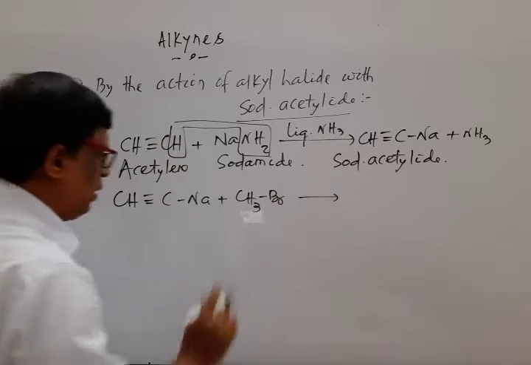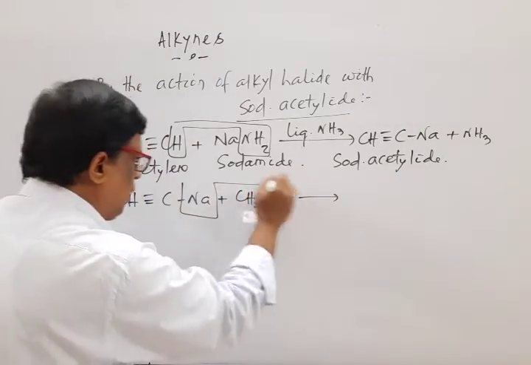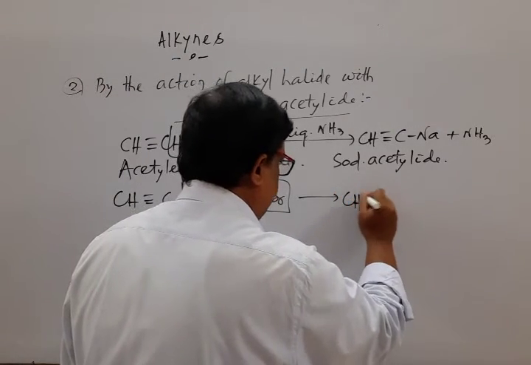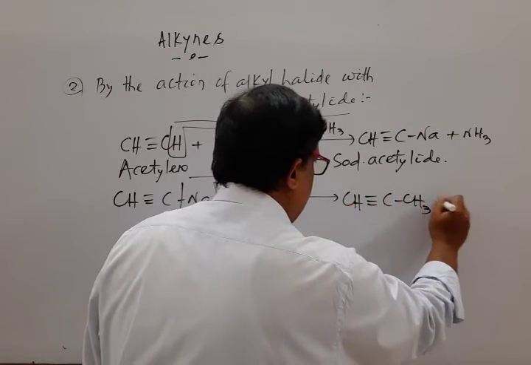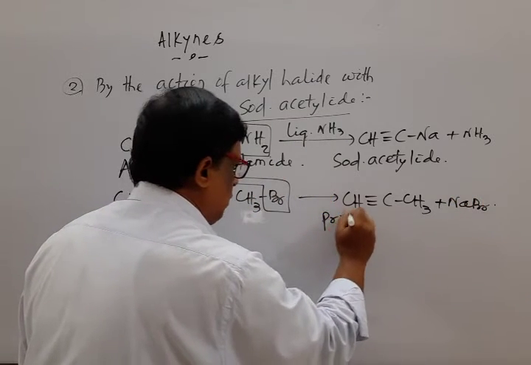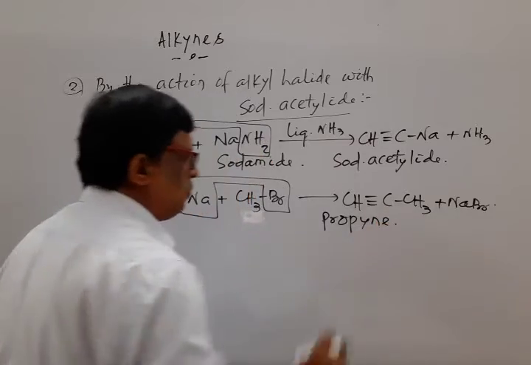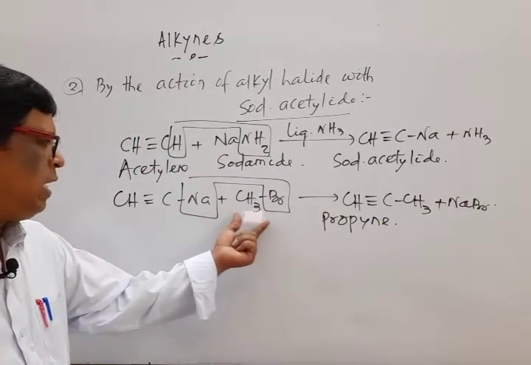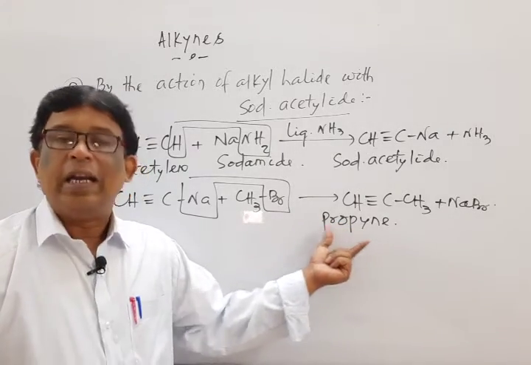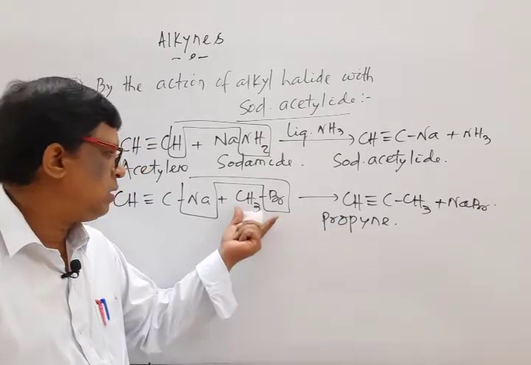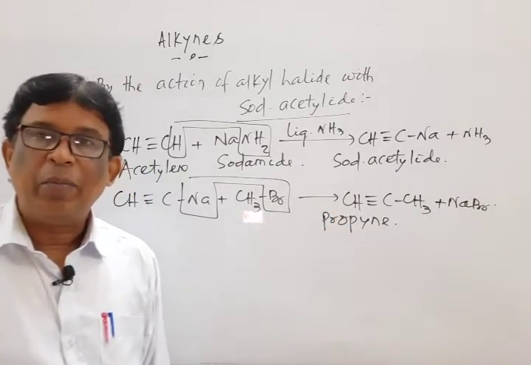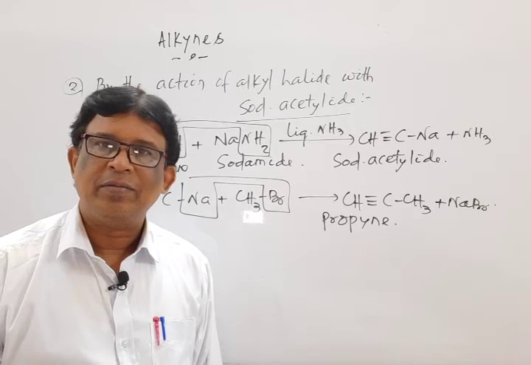I select methyl bromide. The byproduct is sodium bromide, resulting in the formation of a higher member of alkyne. Its name is propyne. If we select ethyl bromide here, then it is butyne. Depending upon our requirement, we select the alkyl halide, as a result of which it gives a higher member of alkyne.